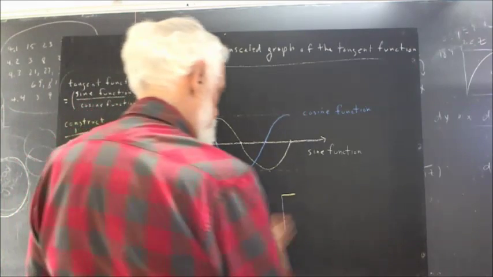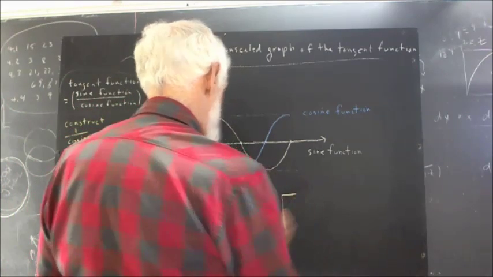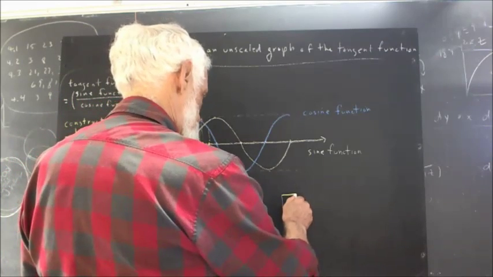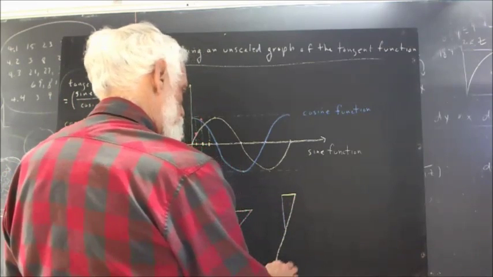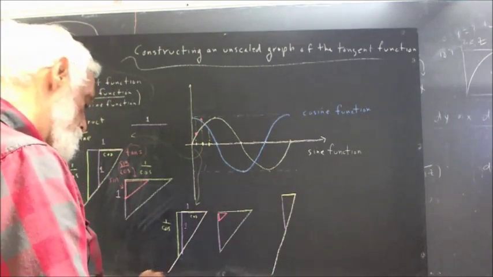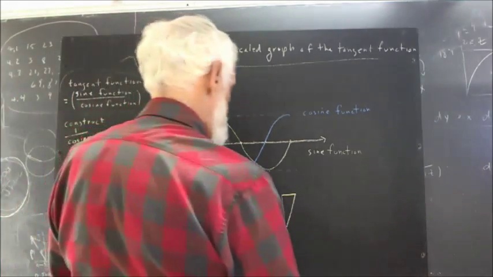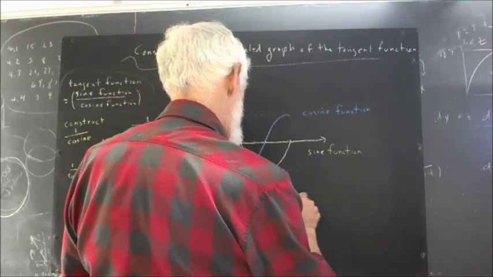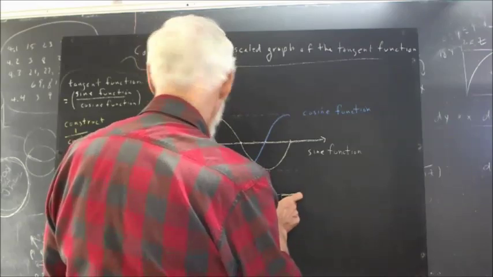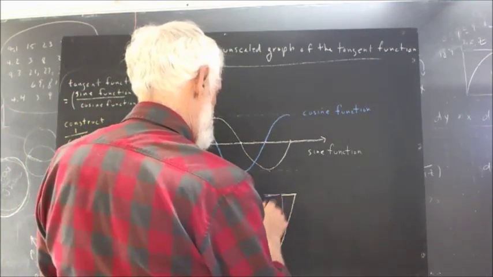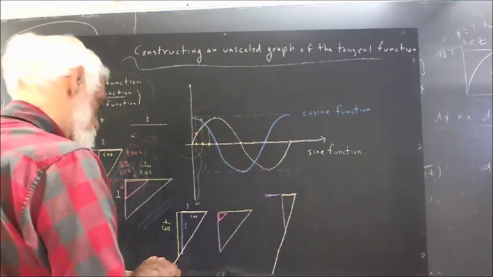Cosine's maybe a little bigger than that. Here's our hypotenuse, which we extend. Then we sketch our segment of length 1. Is that long enough? That's way too short. Still probably too short, but we get the idea.